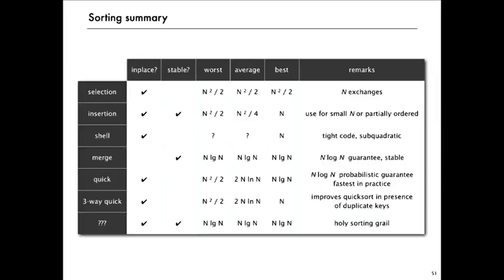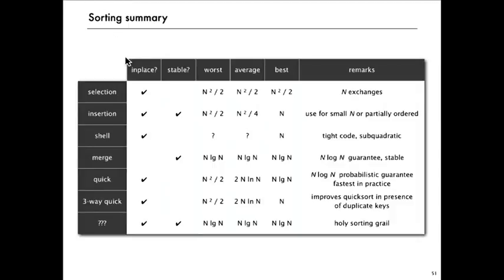Now, usually it's going to be good enough, but it's definitely worthwhile to understand what's going on with different sorting algorithms in order to even find improved performance over the system sort. So here's a summary of some of the things that we've talked about. We've talked about 6 different sorting algorithms, and a bunch of attributes.